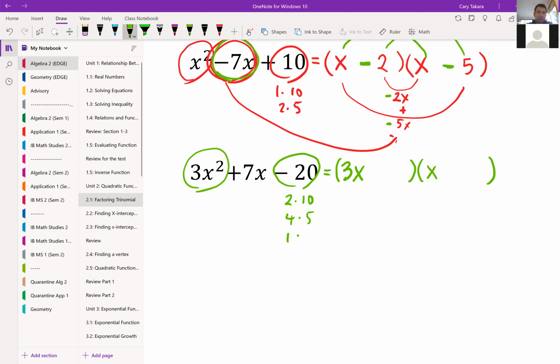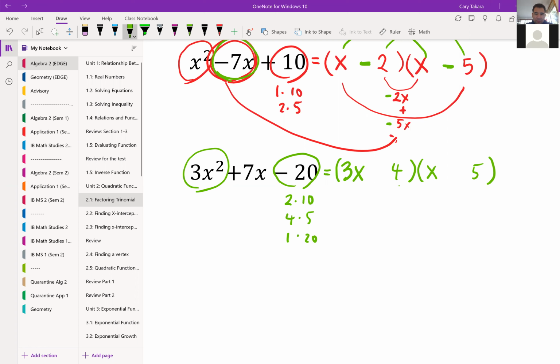That's it, I guess. And then 1 times 20. So which one are we going to try? I'm going to try 4 and 5, okay, because 4 and 5 are close together. So I'm going to put just 4 and 5. But one of them has to be negative though, okay?